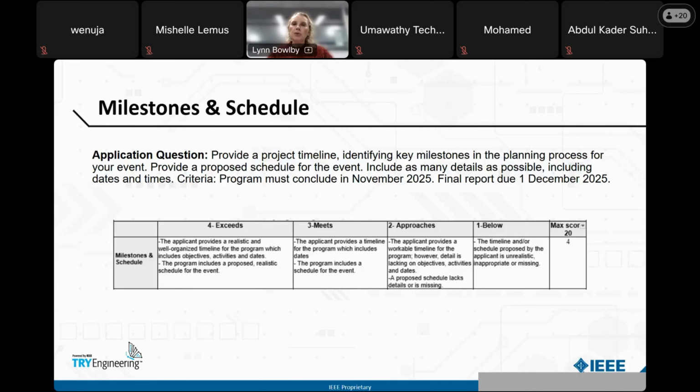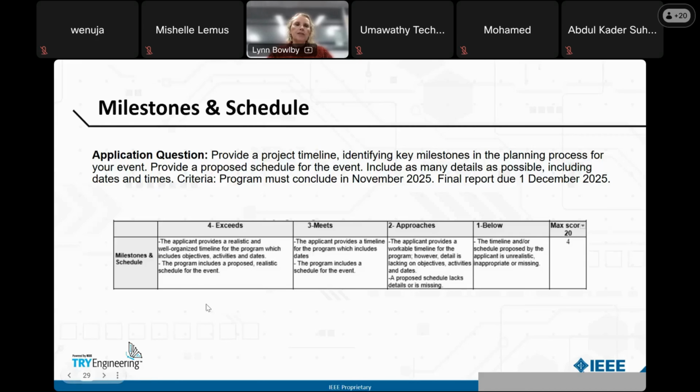Your program must conclude by November 2025 because you'll need to submit a final report to us on December 1st, 2025. So keep that in mind as you're doing this schedule, so that you're completing your program by the November timeframe.